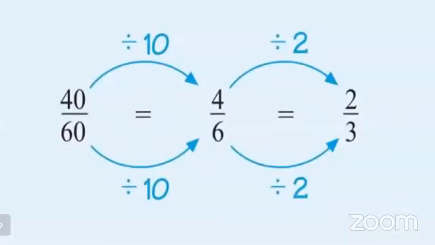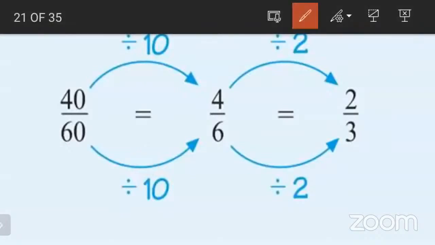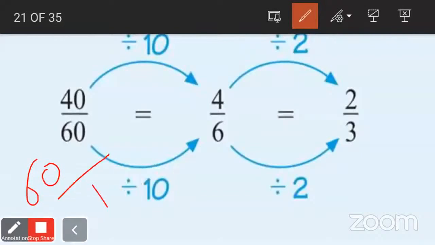Okay, look here now. One more example. The fraction 40 upon 60. If we divide this 40 by 10, the answer is 4. And if we divide this 60 by 10, 10 6s are 60.